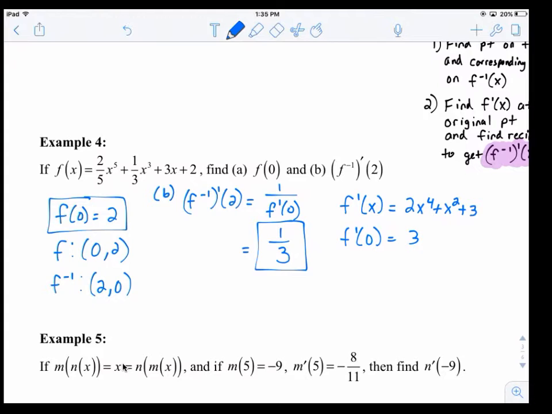We could figure this out directly, but that would take a lot of math. We don't want to do that. So again, figure out the slope here. It's just the reciprocal slope of this point here. This is easy to find, so we can find this and then just find its reciprocal. I found the derivative, plugged in 0, and got 3. So since this slope here is 3, the slope at its reciprocal point, which is here, is 1 over 3. They are opposites of each other.